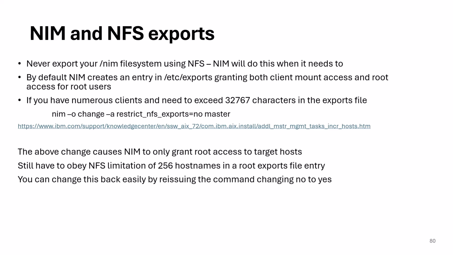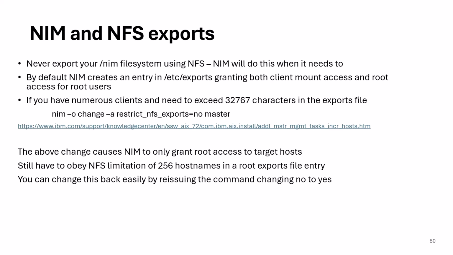There is an issue that you may have many clients and need to exceed the 32767 character limit in the exports file. The way to get around that is to use nim -o change with restrict_nfs_exports=no, and I've got a link here that talks about how to take care of that.